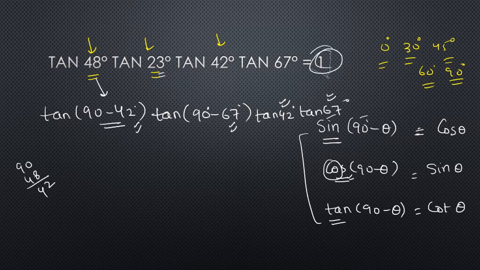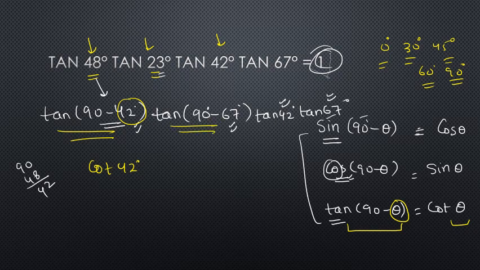Okay. So how will you find this out? Tan(90 minus theta) is what? Cot theta. What is theta here? 42. So it will be cot 42. Tan(90 minus theta), again cot, right? Now these will be written the same. Now we know that cot is nothing but the reciprocal of tan.